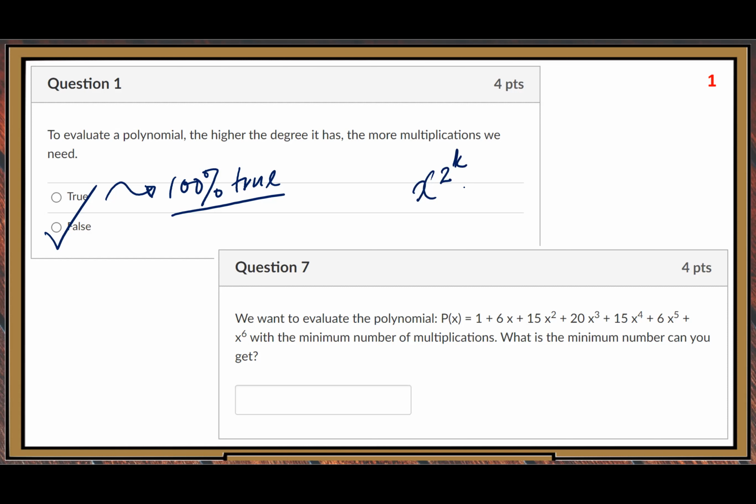In this way, if we apply the repeated squaring technique, then the answer becomes k, right? k multiplications.